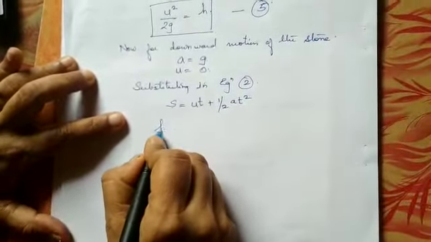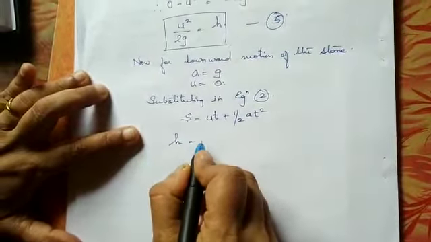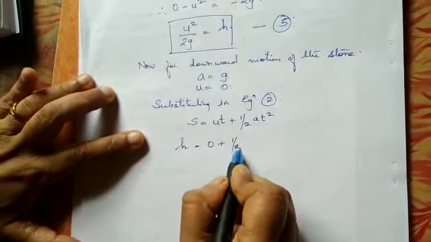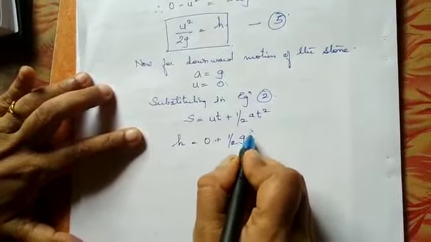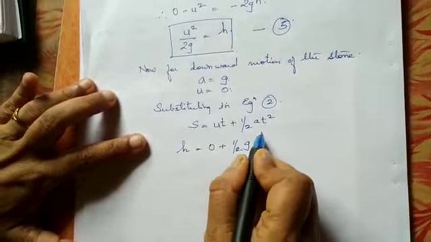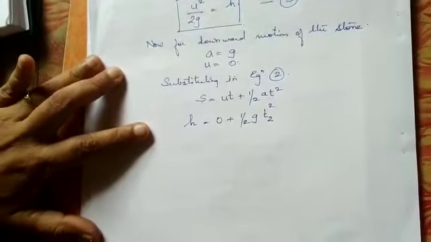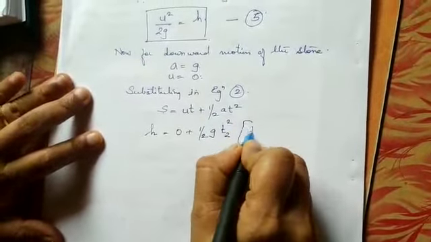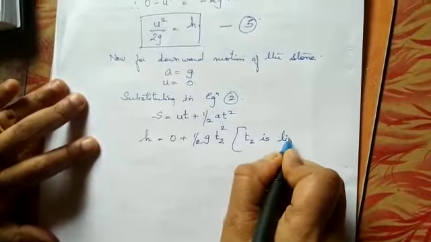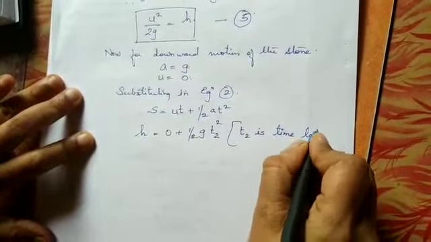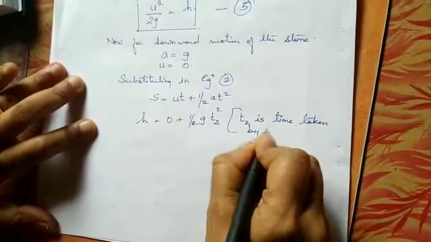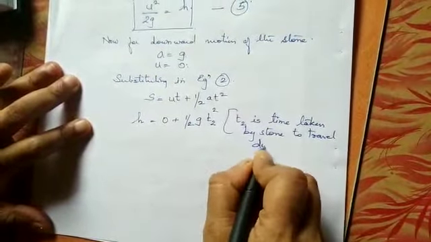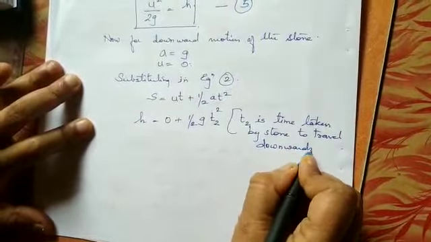So S we have considered it as h, u here is 0, 0 multiplied by t is 0 plus half a is g and t we have considered it as t2 square. Here t2 is time taken by stone to travel downwards.